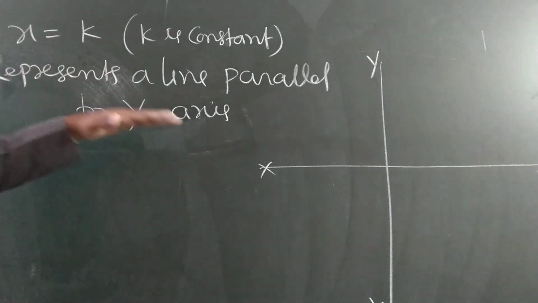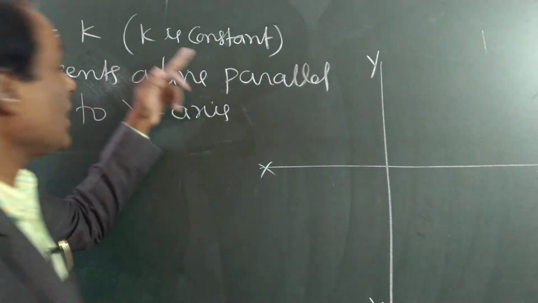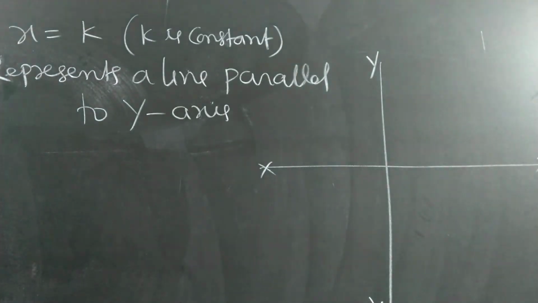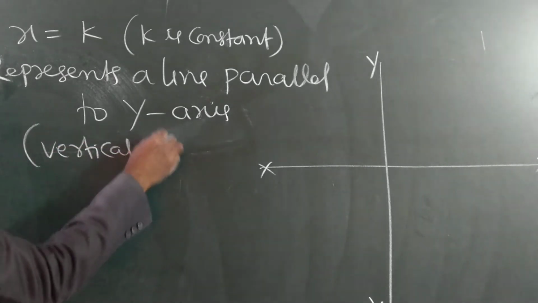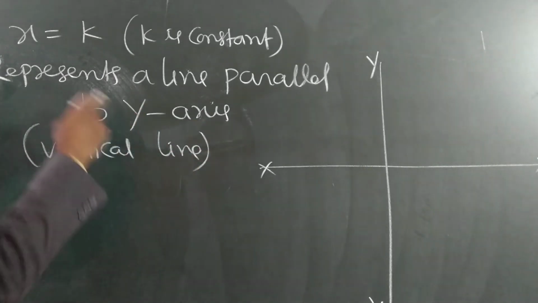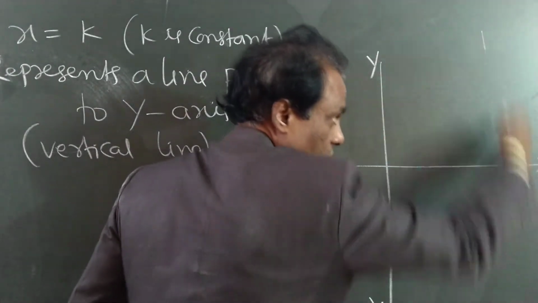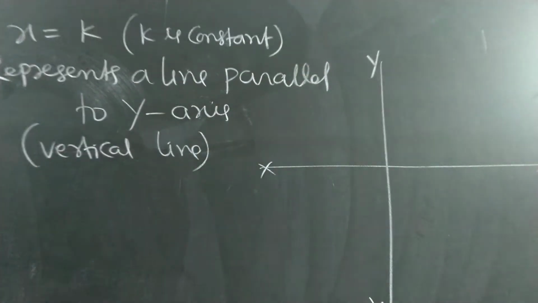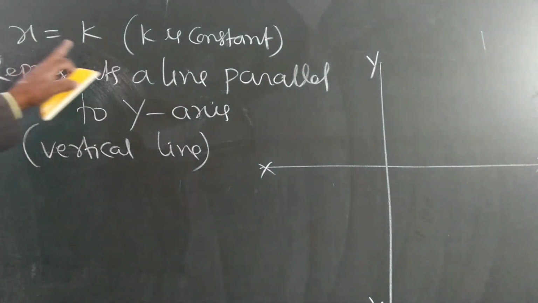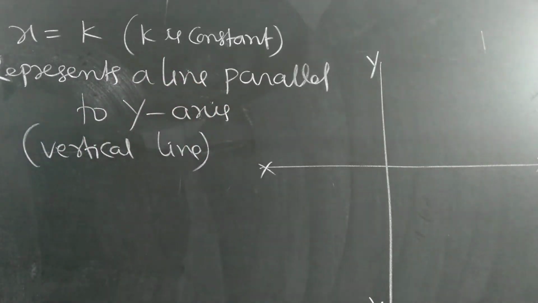So x is equal to k will be like this, vertical. X is equal to any number will be a vertical line, parallel to the y-axis. X is equal to 1, like this, vertical line. X is equal to 2, 3, 4, 5, 6, like that. So remember this bit. X is equal to k, where k is a constant, represents a line parallel to the y-axis.